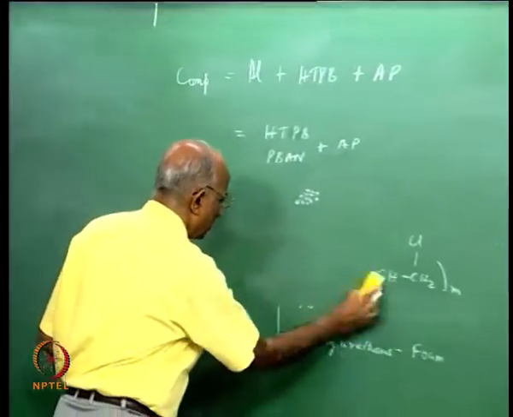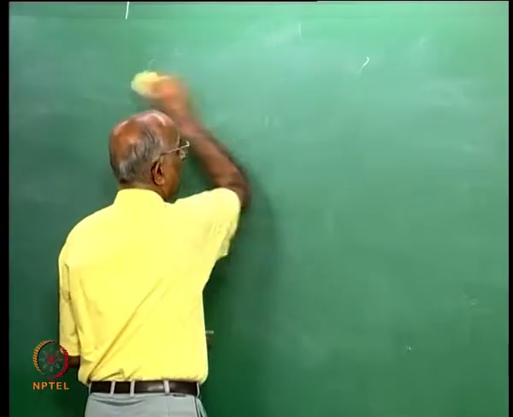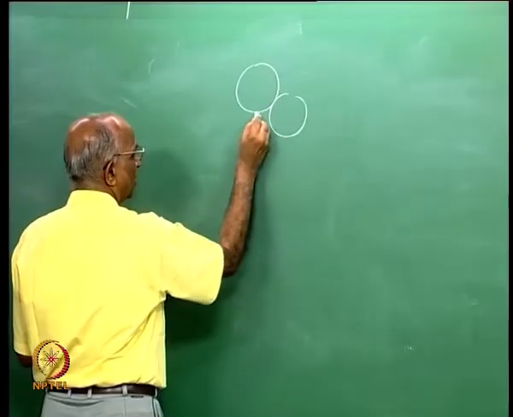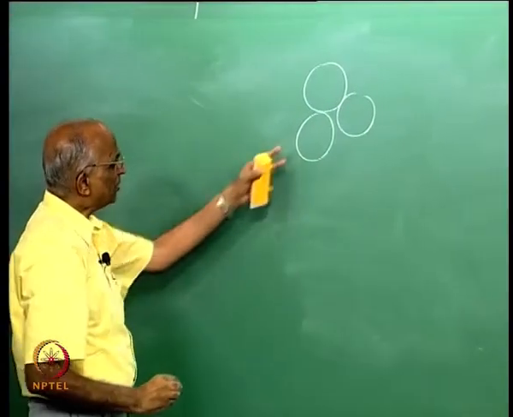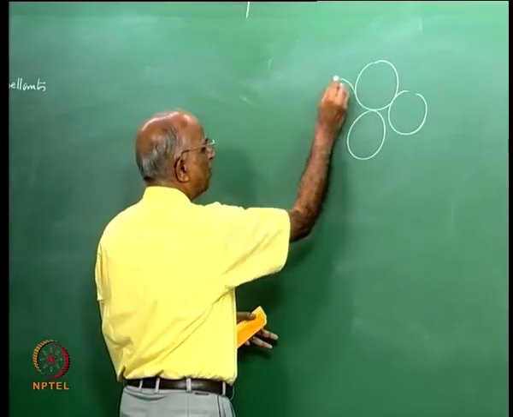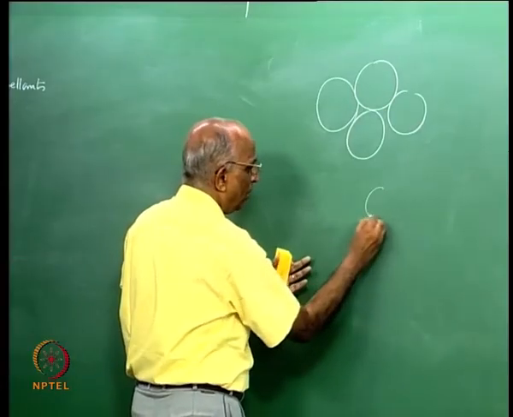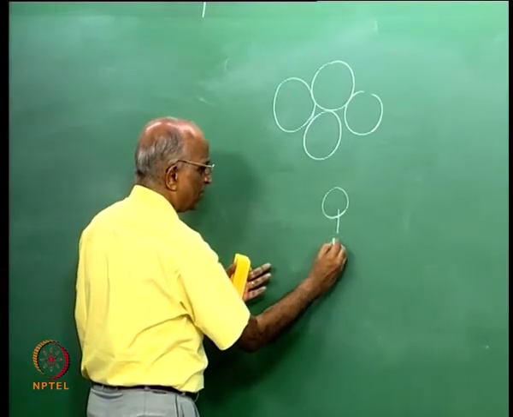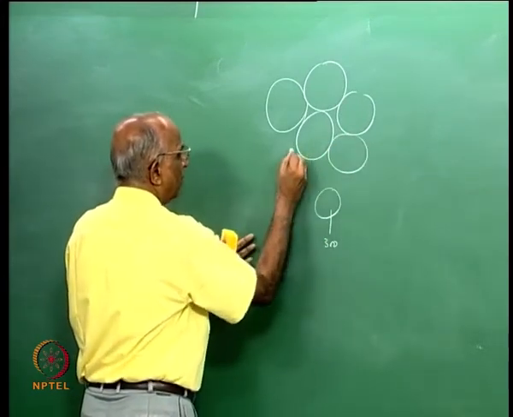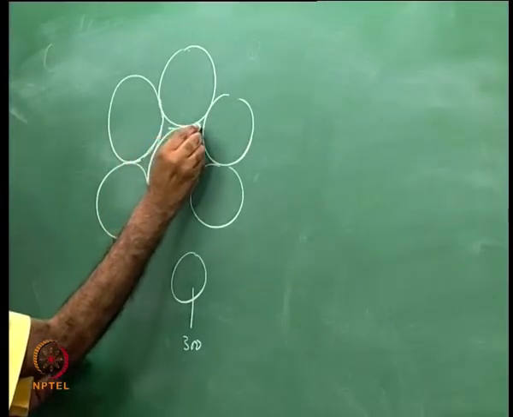See, the problem is I have oxidizer, let us say I have spherical oxidizer particles, I have AP like this, like this, like this. If I have a single size of AP, the amount of AP I can put together will be small, whereas if I can have double sizes, let us say I have AP size of 300 microns, then if I were to fill with AP and I have binder which binds all these things together, it is going to bind it like this.